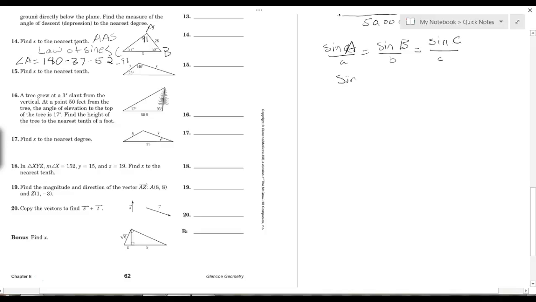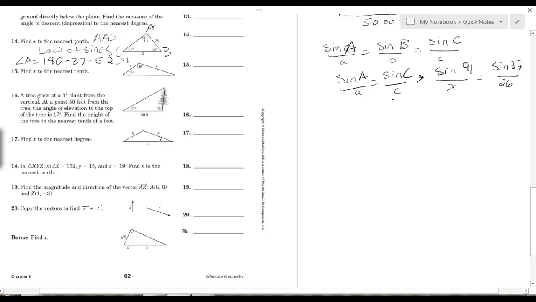So sine of A over A equals sine of C over C. So in this case, that's going to end up being sine of 91 over X equals the sine of 37 over 26.